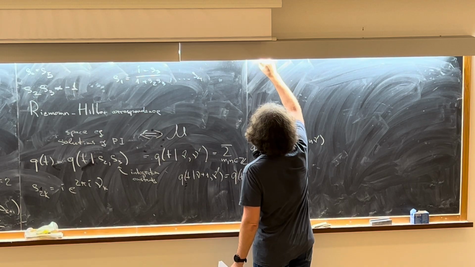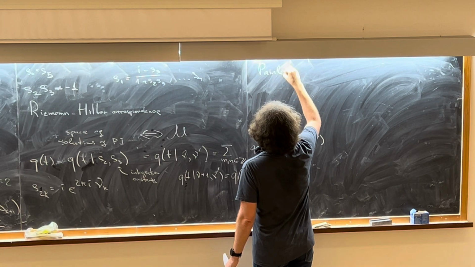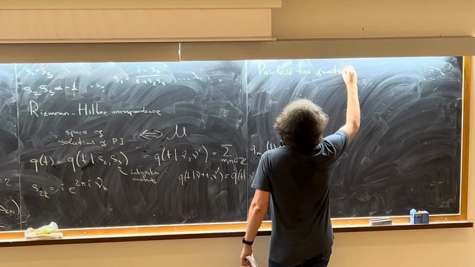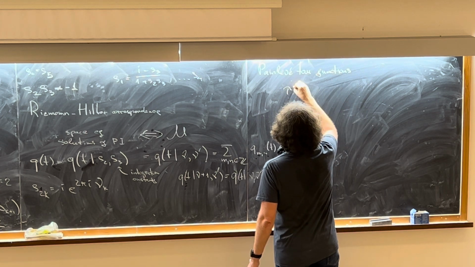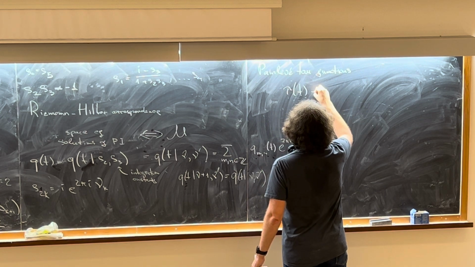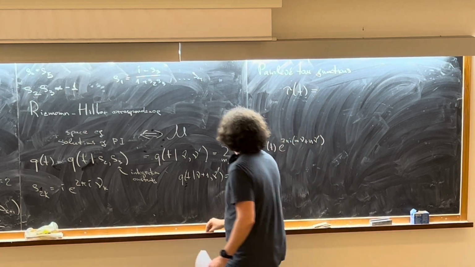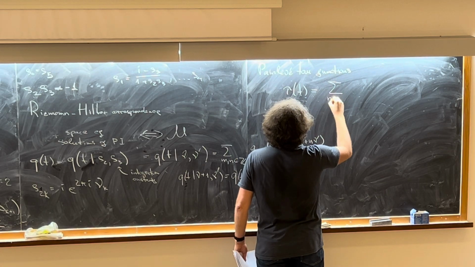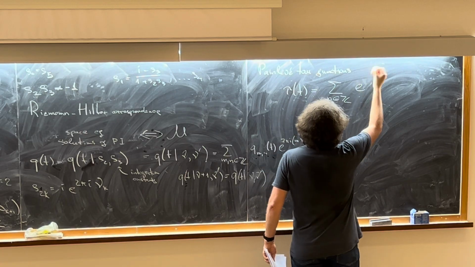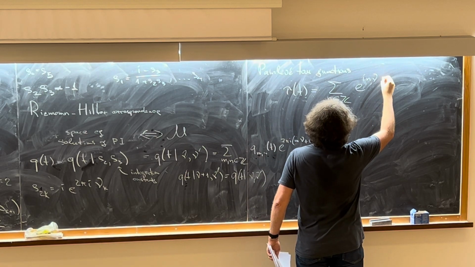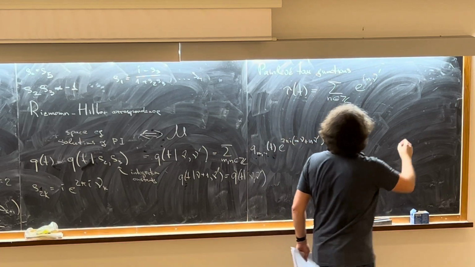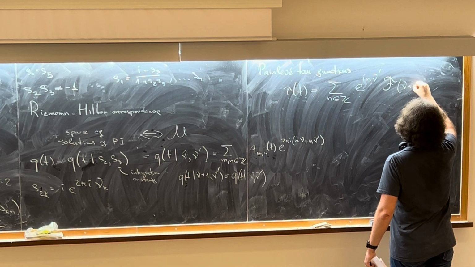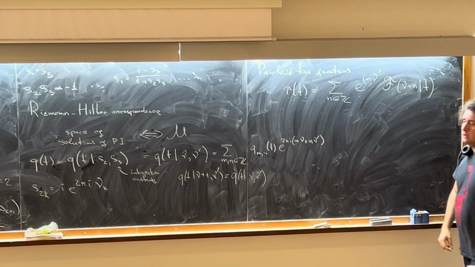Because we know that Painlevé tau functions very often have this type of representation. The tau function is equal to a sum of exponential of I n nu prime, and here I will put some function f of nu plus n and t.